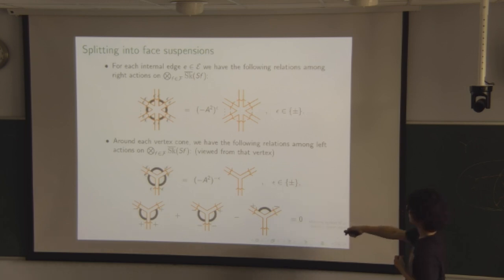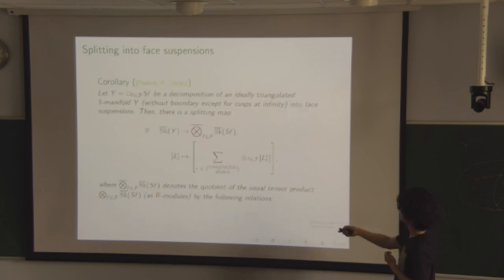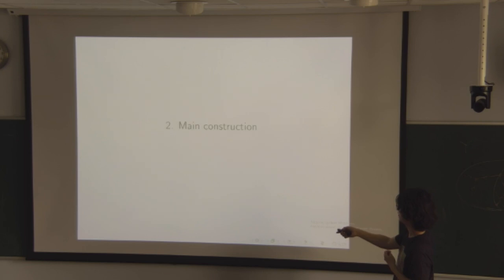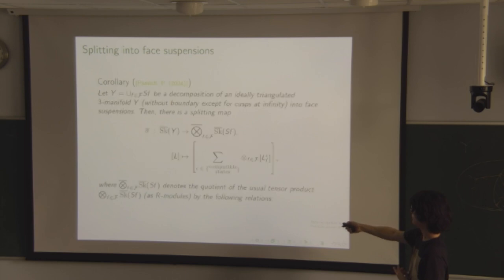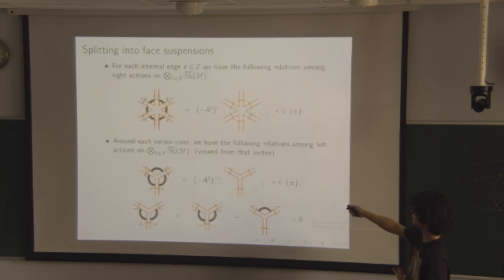And the point is, these relations look exactly like the relations that we have among the quantized shape parameters. So first of all, we have the gluing relations that the product of the quantized shape parameters, the Weyl-ordered product, evaluates to some number that basically corresponds to this first relation.